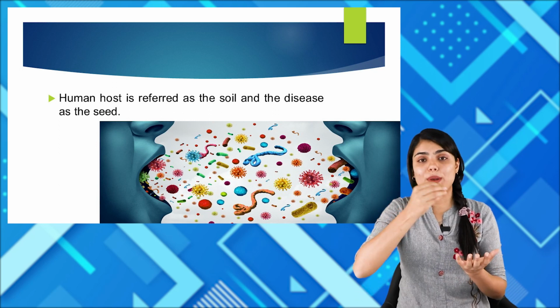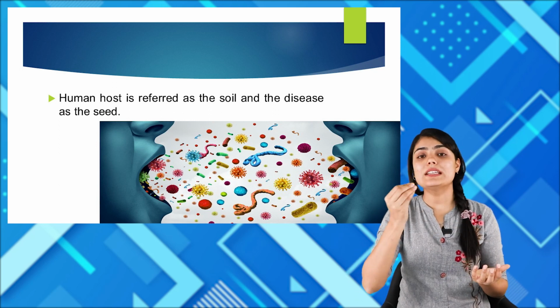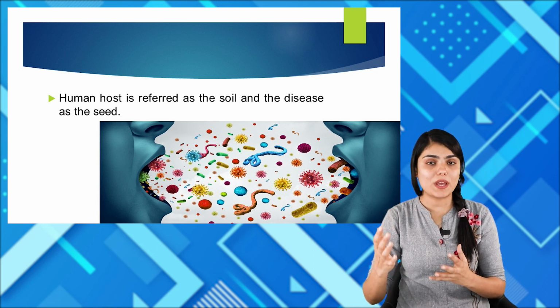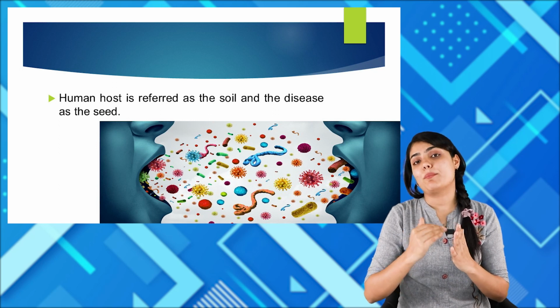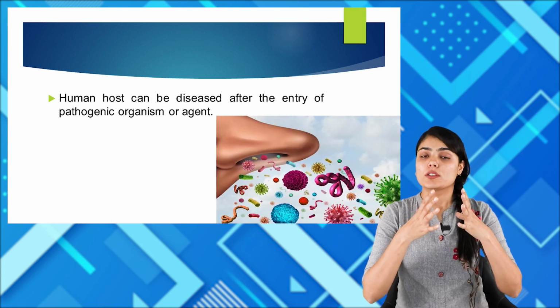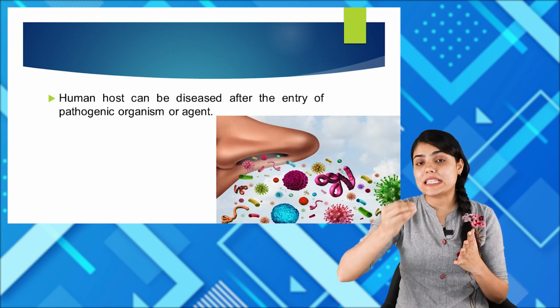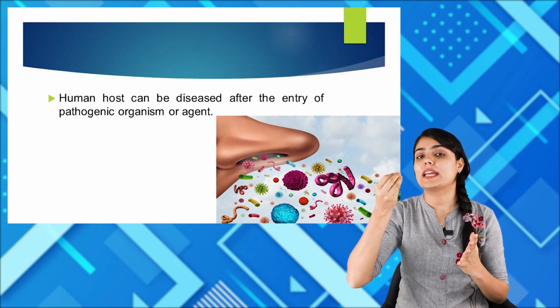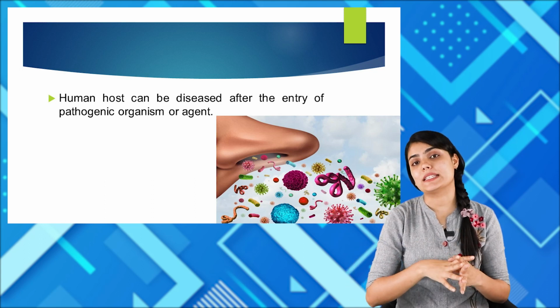When this seed is planted in the soil, it is obvious that it will lead to development of the plant, which means it will lead to the development of the disease. So a human host can become diseased after the entrance of the pathogenic microorganism, after the entrance of the parasitic organisms inside the body.